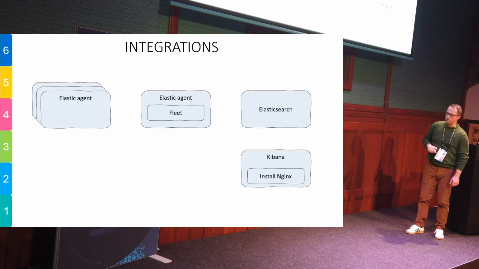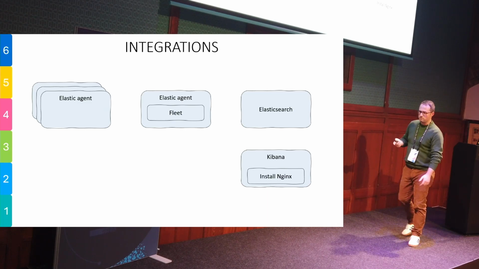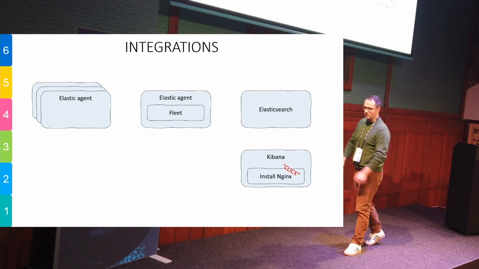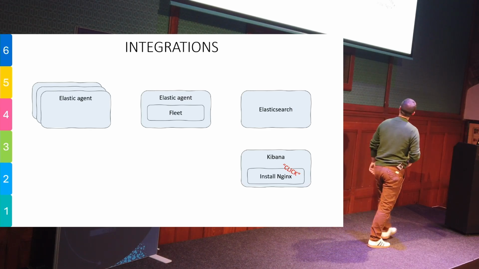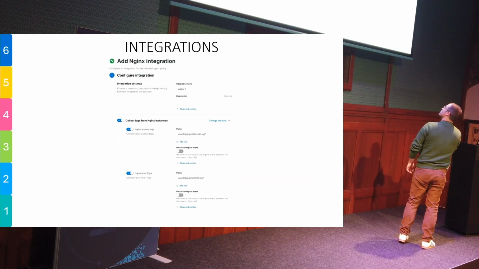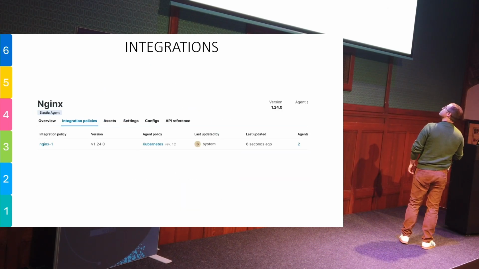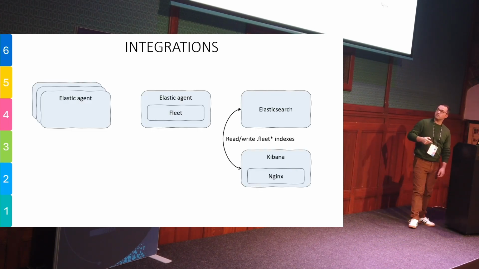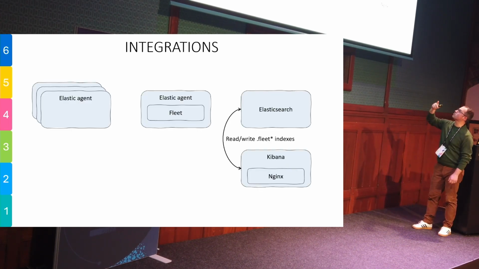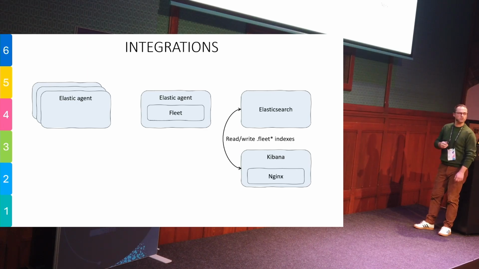Right. On to integrations. What happens when we click in Kibana, when we click install? There's a lot of stuff happening in the background. Looks like this. Most people will have seen that. And actually what happens is Kibana will go to Elasticsearch and will write to indexes, the fleet indexes.